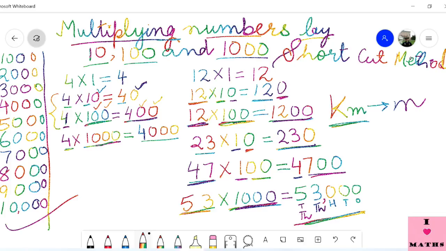For example, the distance between two cities, the distance between one place in a city to another place in that same city. So kilometer is the unit for generally measuring the distance between two places which are far apart. Okay, let's start that.